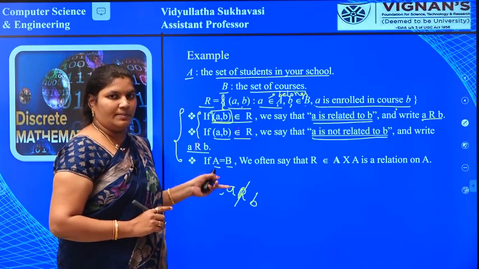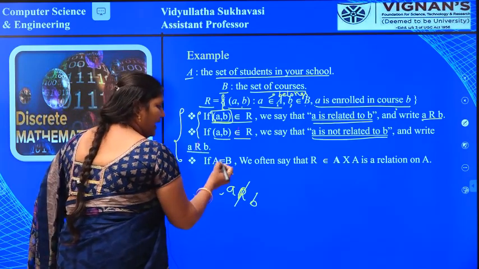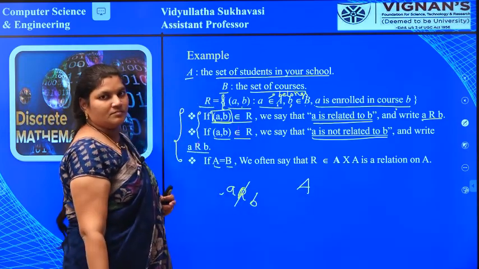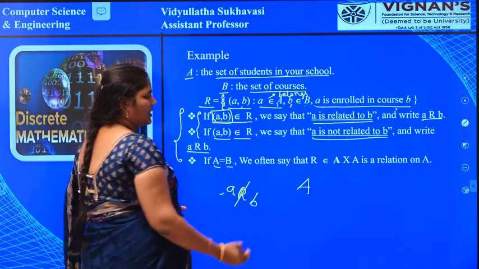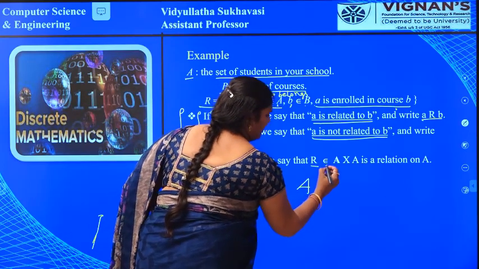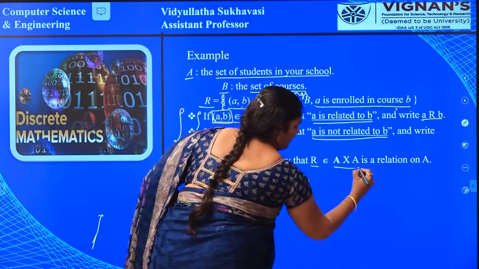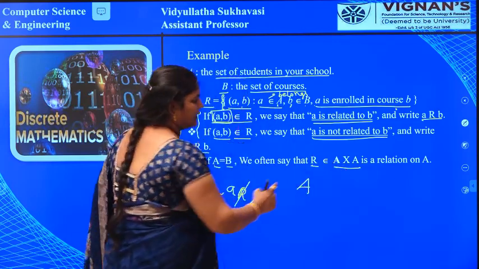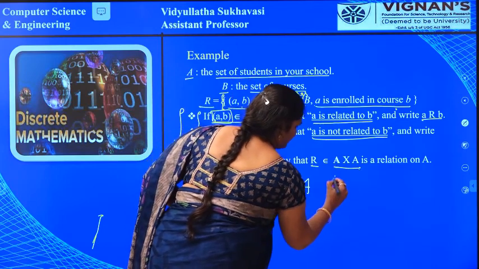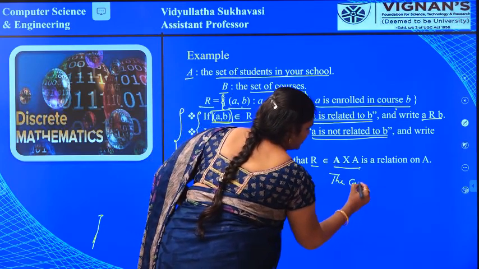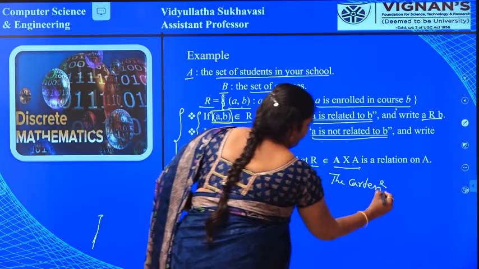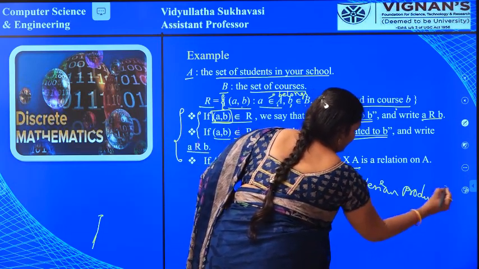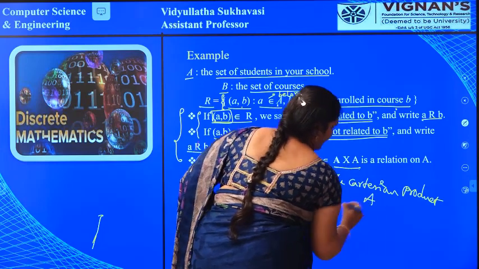So if both A and B sets are the same, we have only one set, that is A. The relation will be built with only one set, that is, the relation comes from the single set A. So here A cross A means we are going to build the Cartesian product which comes from the A set only.